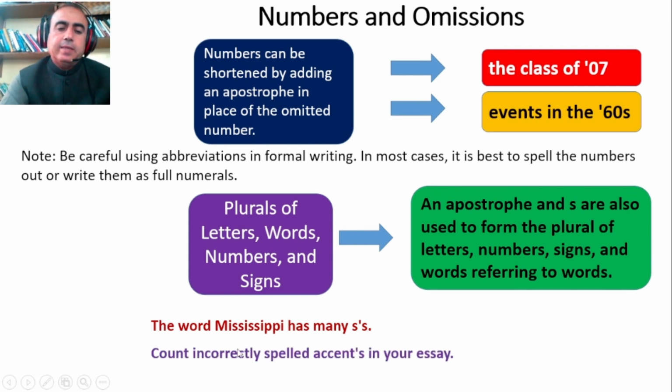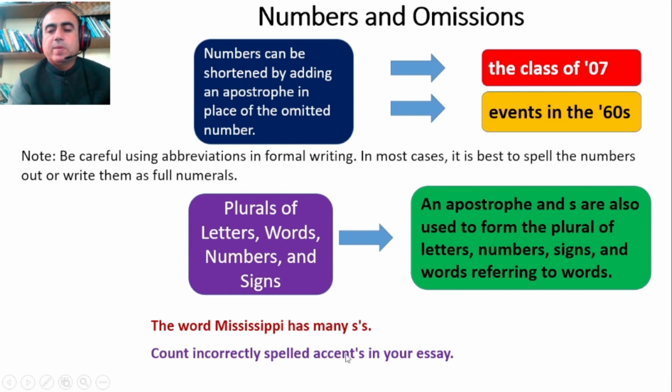Count incorrectly spelled accent's. It means maybe this word accent has been misspelled in an essay, and one is asked to count it. Maybe accent was misspelled twice, thrice, 4 times, or 10 times. Whenever he wrote accent, he wrote it with wrong spellings.